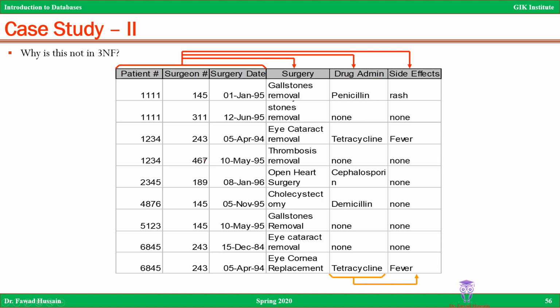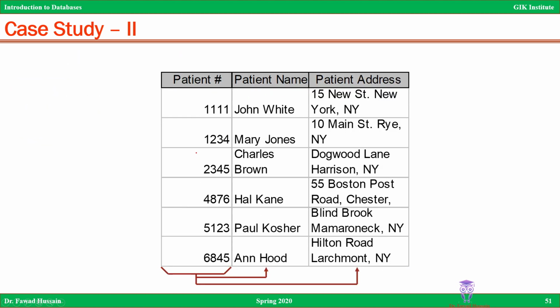We have the first two tables. So patient number here, this is the primary key. The patient number is the primary key. So the patient name depends on the patient number, the patient address depends on the patient number. There is no transitive dependency, so address doesn't depend on the patient name, and there is no partial dependency because there is only one primary key attribute.